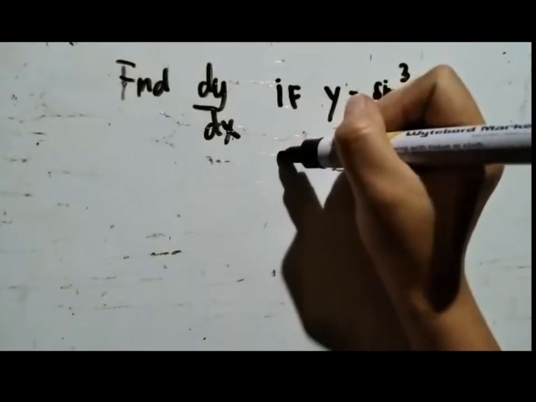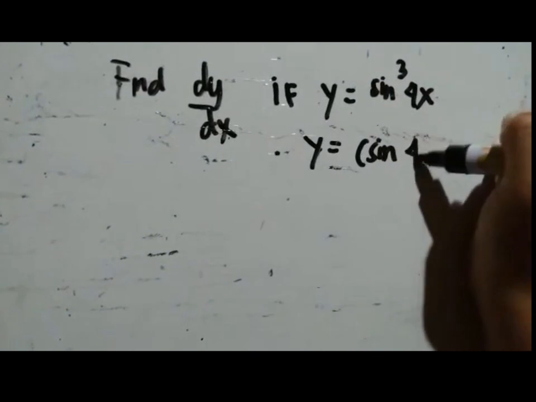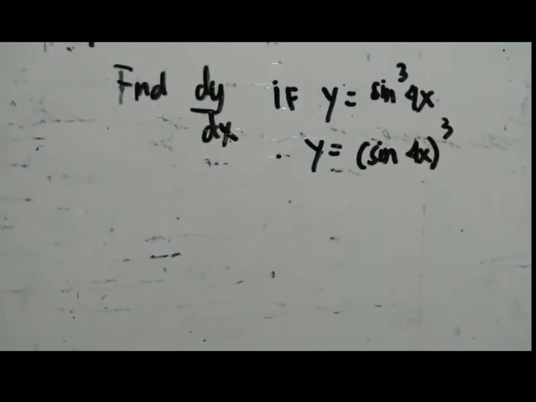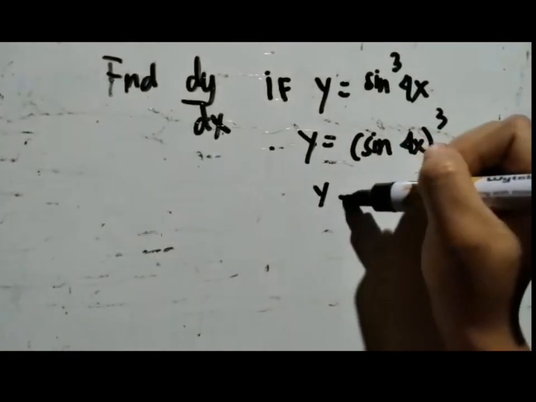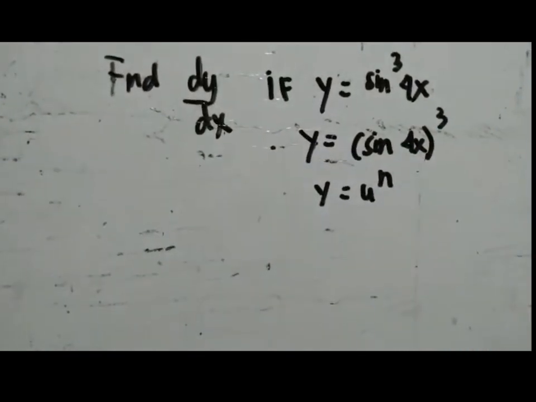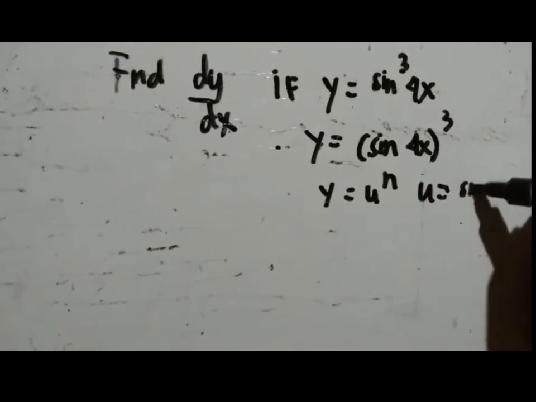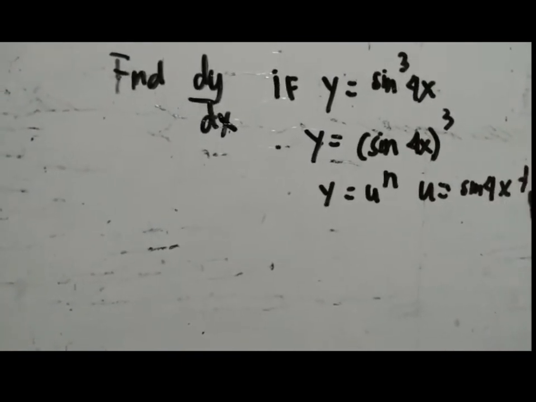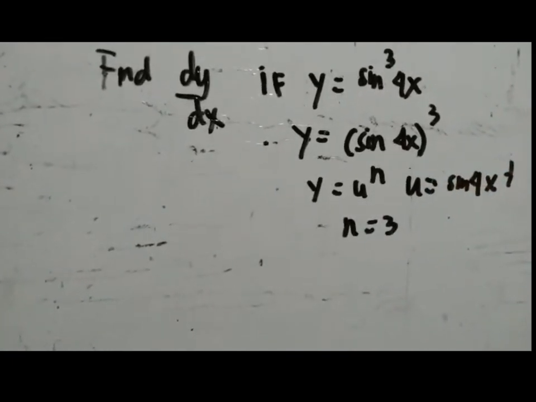So we write it here as y equals sine 4x, cubed. Then it takes the form y equals u raised to n, with our u here equal to sine 4x and our n equal to 3, which is the exponent.